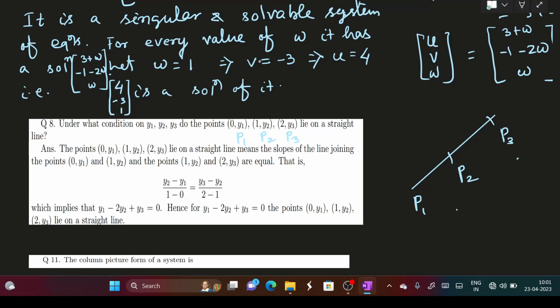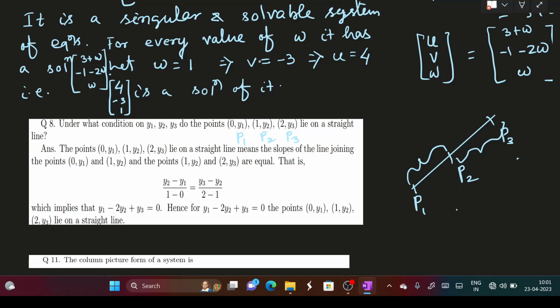So if my points P1, P2, P3 lie on one straight line, when is it possible? Only when the line joining P1, P2 and the line joining P2, P3 have the same slope, so that they will lie on one straight line.